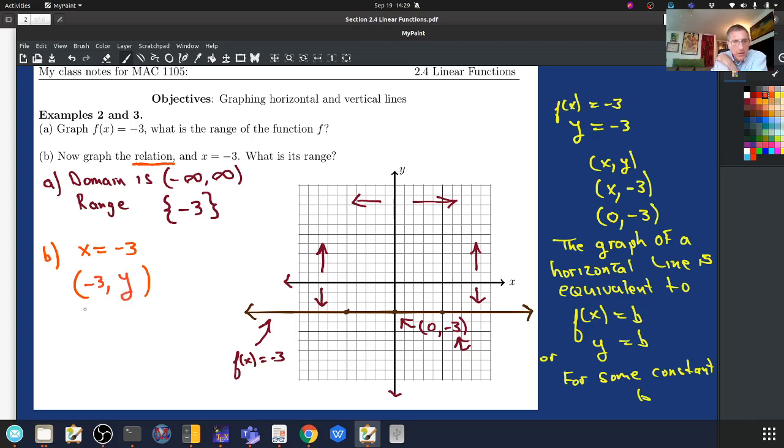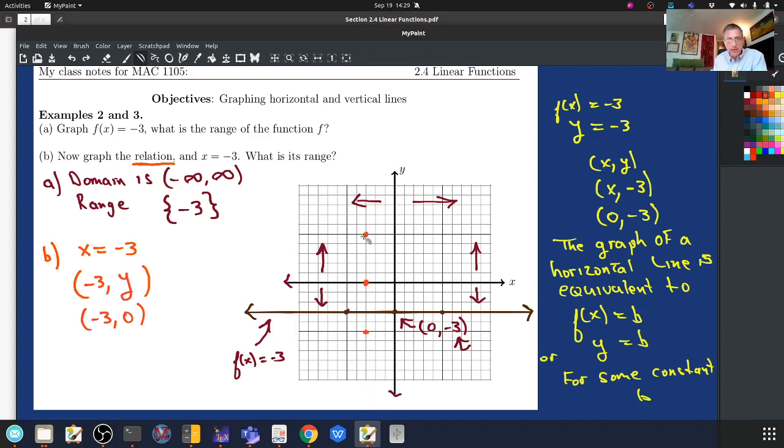So if the value of y is 0, then minus 1, minus 2, right there is 1 point. That's the x-intercept. If the value of y is 5, there's a point there. If the value of y is minus 5, it doesn't matter. The x value is constant. And in that case, we have the graph is a vertical line.